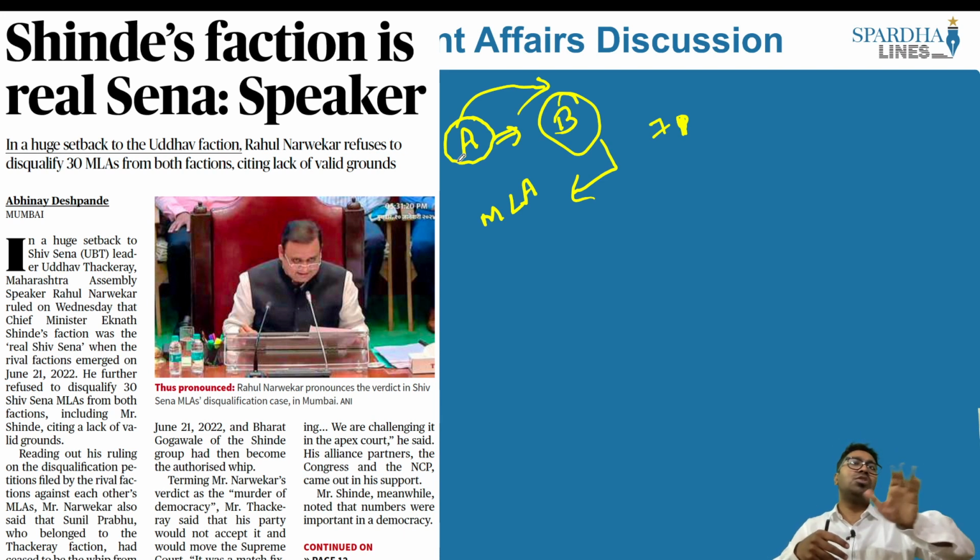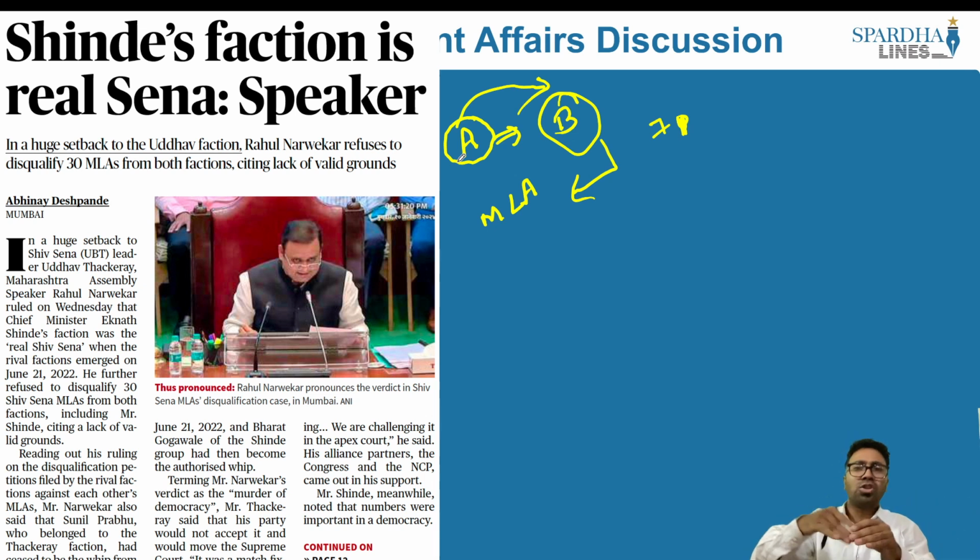So what is the basis or premise on which it recognizes whether it is the real Shiv Sena or not? When you look at how the Election Commission has decided in the past, there are two things that it looks into. One is the original constitution of a political party: it looks at the preamble or the objective of the party, the original members, the governing council of the party.